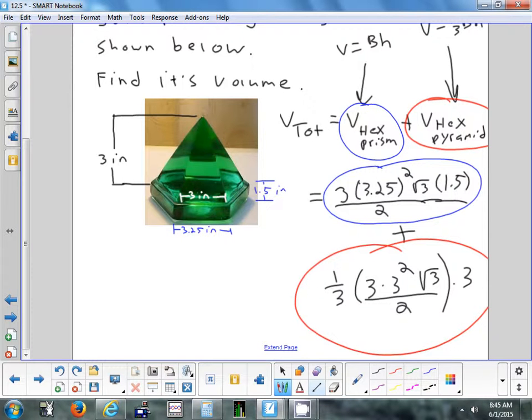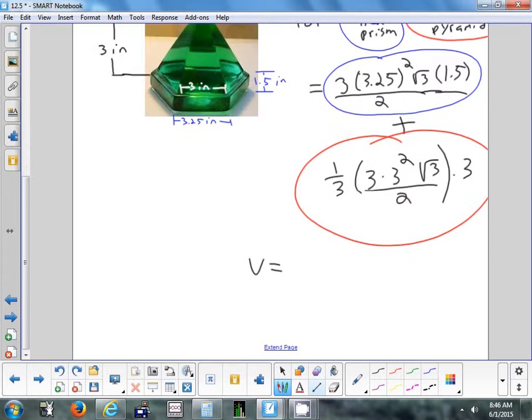You're just doing one shape, you're doing another shape, you're adding the two together. Any questions on how you do all that out? If not, then I'll just tell you what it comes out to. It comes out to about 64.54 cubic inches.